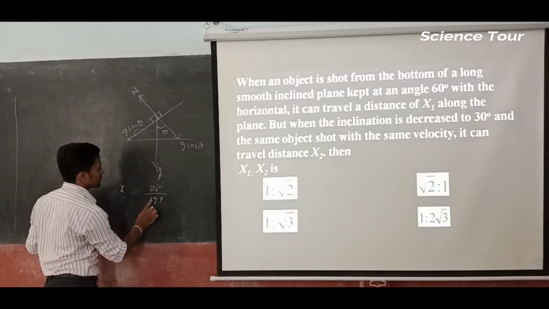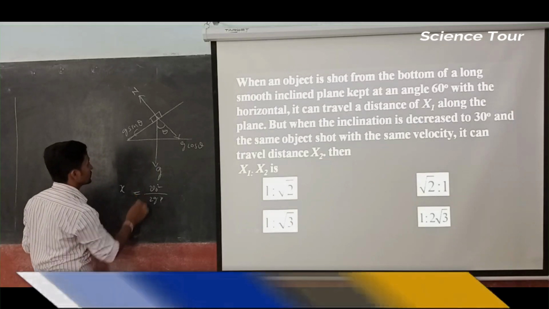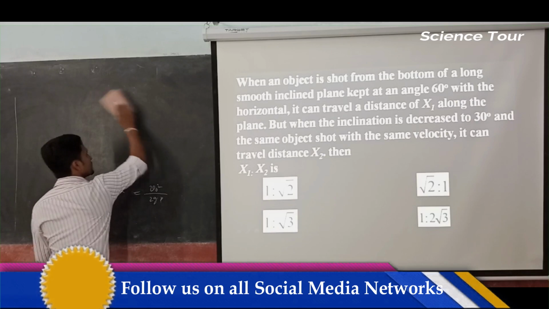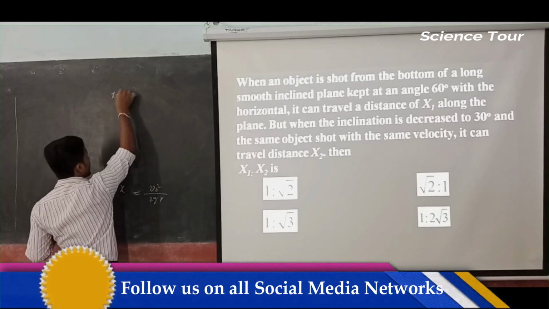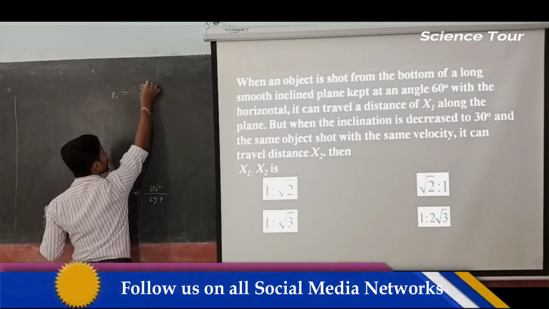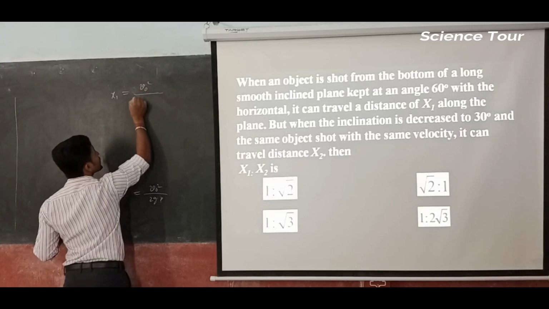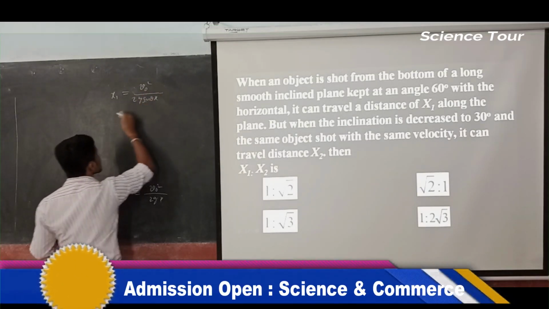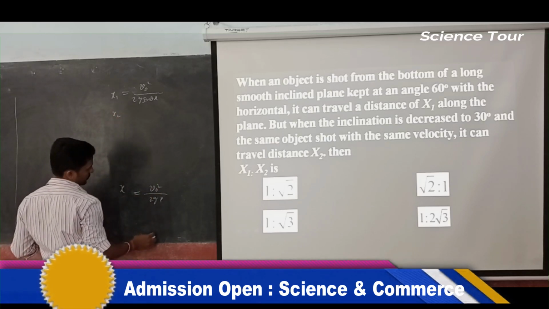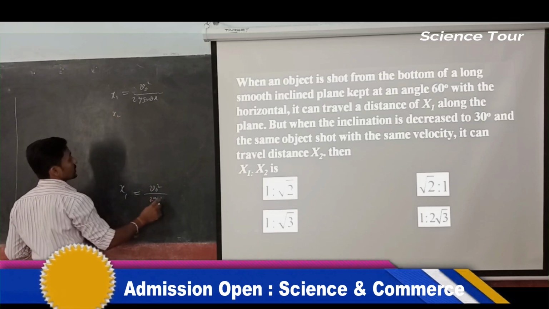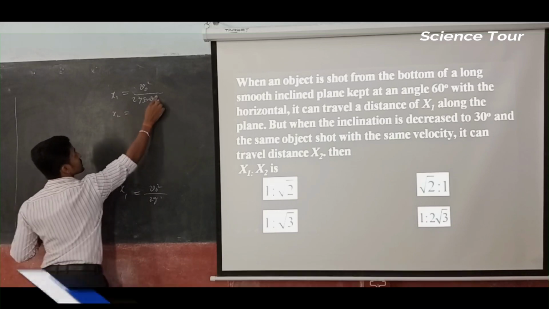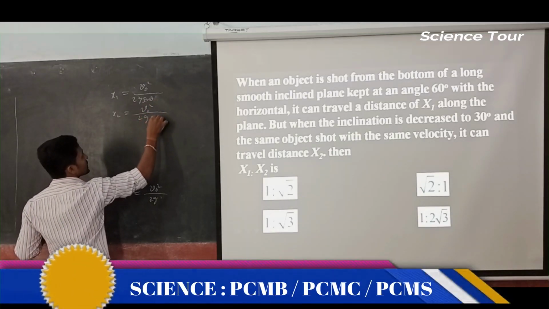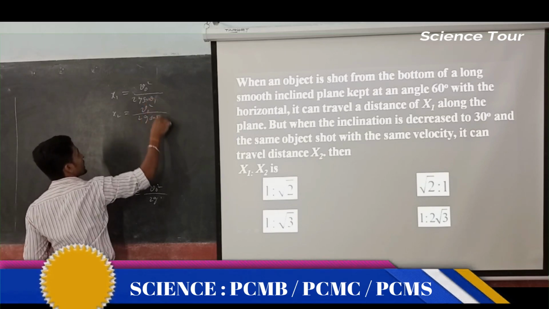Here g is nothing but g sin theta. So x1 is equal to v naught squared divided by 2g sin theta 1, and x2 is equal to v naught squared divided by 2g sin theta 2.